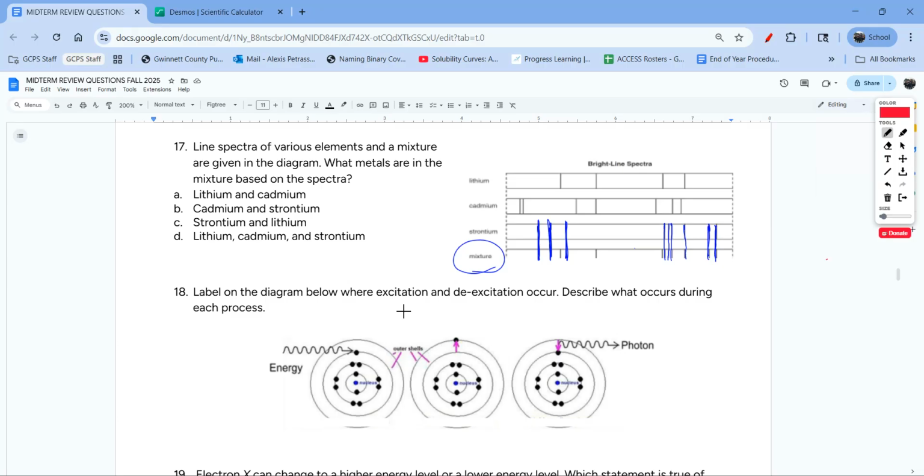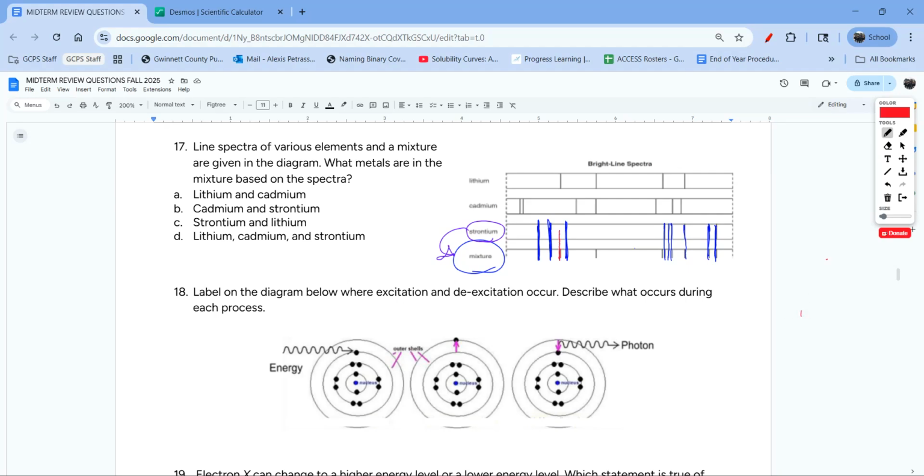So I do know strontium. Wait, let me keep this in color. I do know strontium is definitely in this mixture. But there's something else because I have some lines that I did not match up.